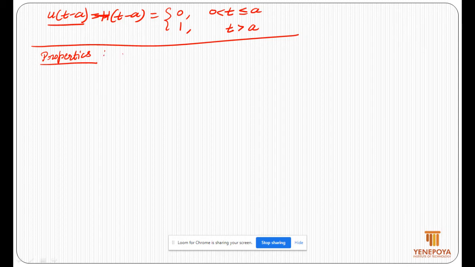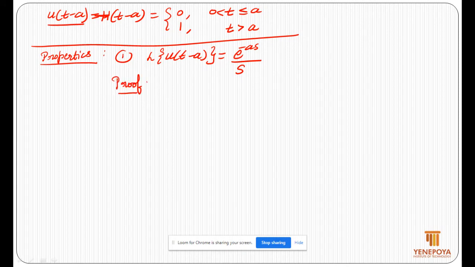The first property is that the Laplace transform of the unit step function u of t minus a is equal to e power minus as divided by s. For simplicity, I am giving the proof here.